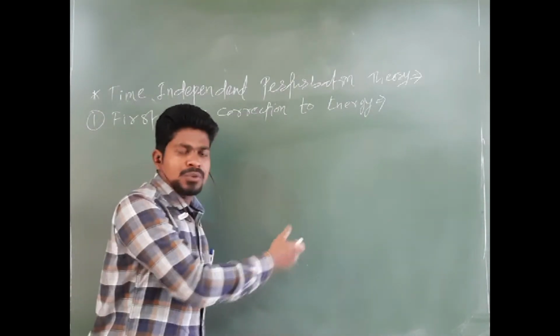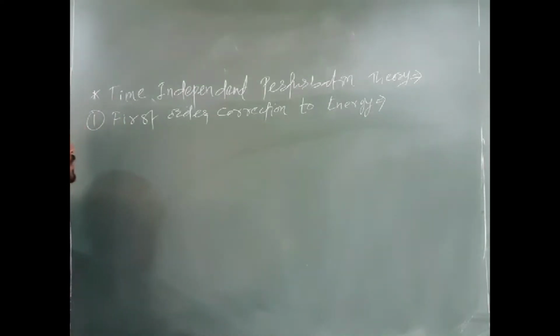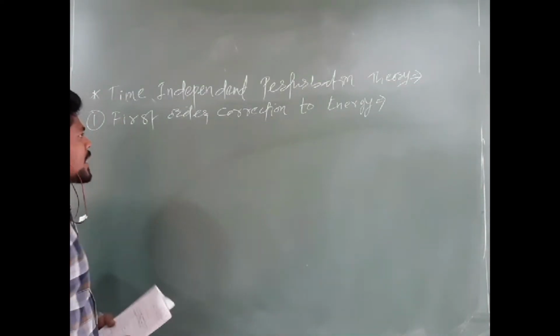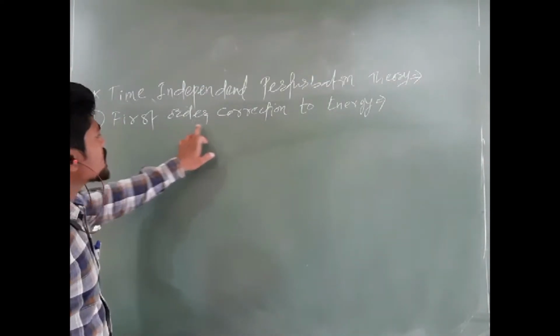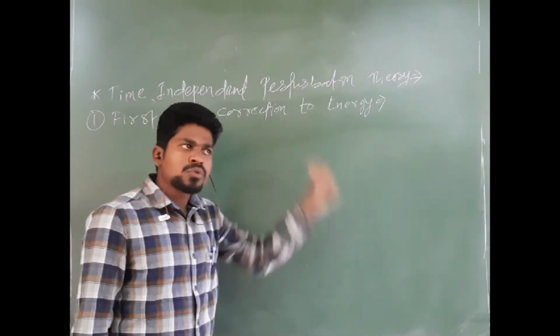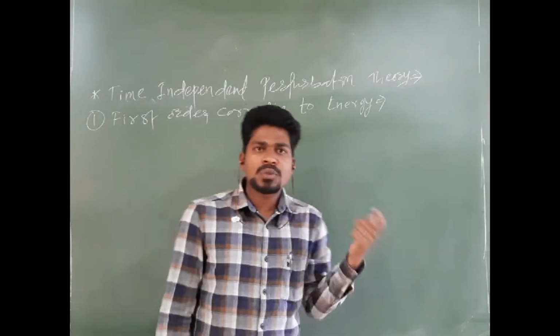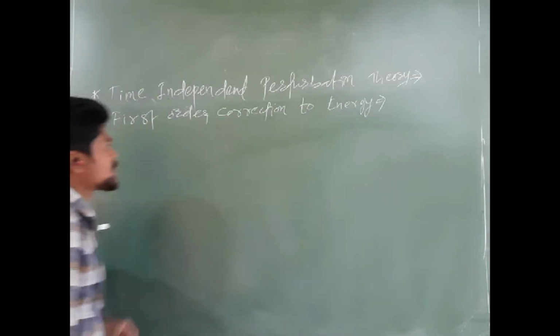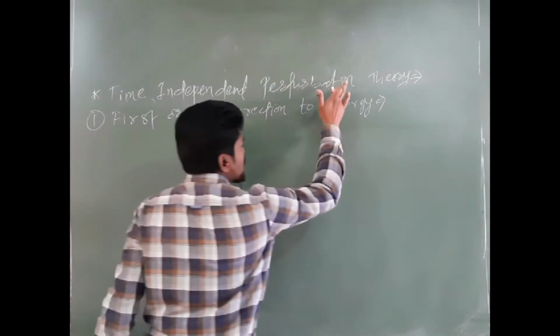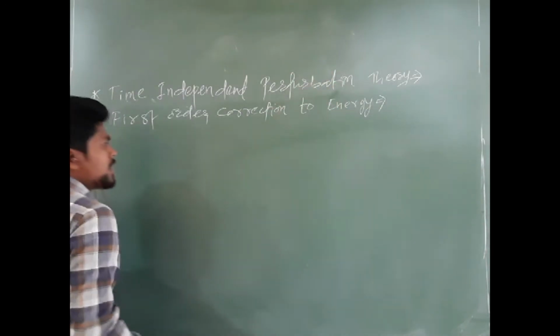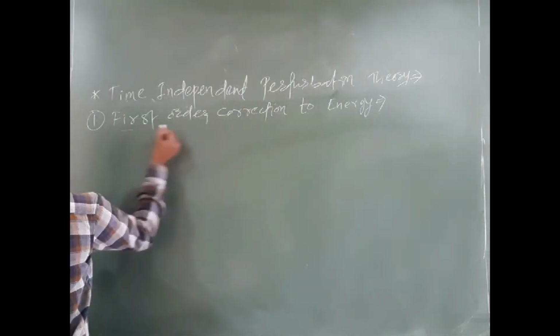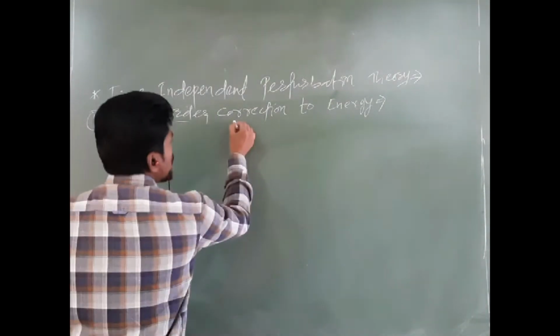You will get to know after 2-3 lectures, because after getting the formula for the first order correction to energy, we will use those formulas in actual disturbed, perturbed systems. Okay, let it be. So in today's discussion we have this topic, first order correction to energy.